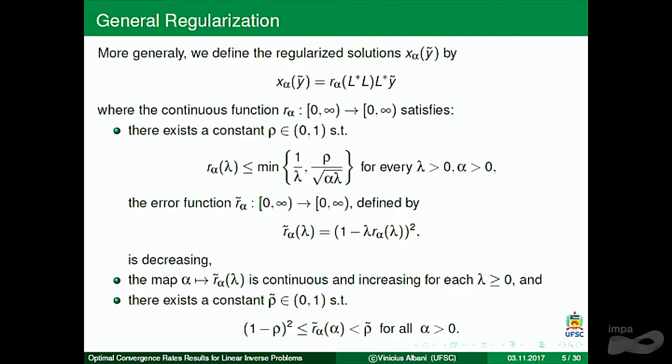When we take this as a function of alpha, so we replace lambda by alpha here, we have these 2 estimates. It's bounded from below and from above. R tilde is also decreasing as a function of lambda and is increasing as a function of alpha.